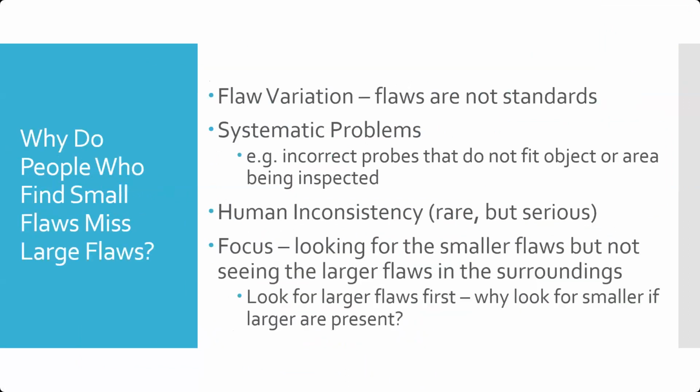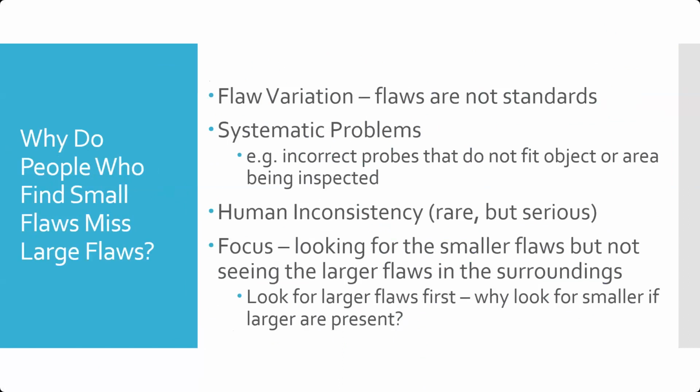And then we get into the point where we start having cases where people find the small flaws but miss larger flaws. This comes from the flaw variations: flaws in practice are not standards. We have standards that are available for calibration and setting up equipment, where we know there's going to be an indication and relatively how big it is, but flaws are not standard. Actual in-service parts are not standards.